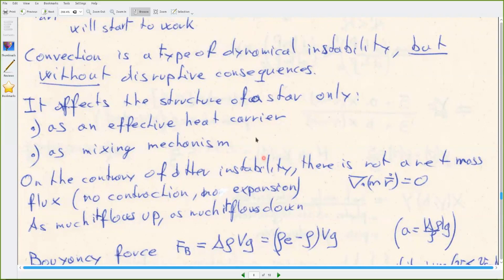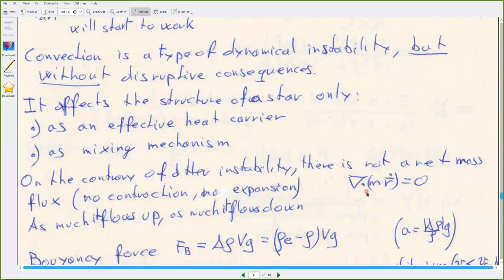So, as I said, it's not a disruptive consequence, mainly because, contrary to the other instabilities, there is not a net mass flux. If you calculate the mass flux, the density with the velocity as a vector, and the divergence, it's zero. Some part is going up, some part goes down.